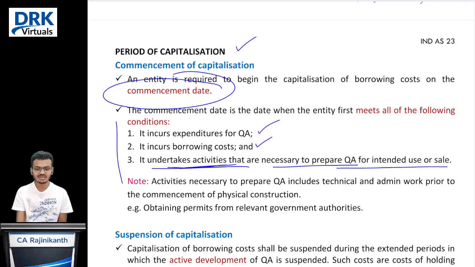So this activity is not only physical construction work, it may be administration work also, like planning the qualifying asset, planning the construction, designing the qualifying asset, or getting approval from government authorities by making an application. Okay, so these are all also activities that are necessary to prepare the qualifying asset.